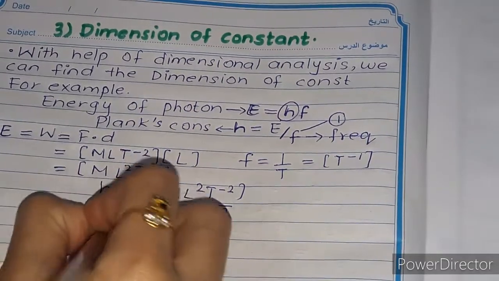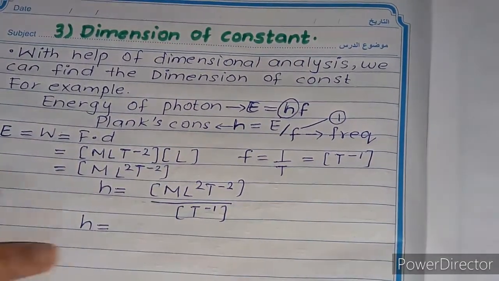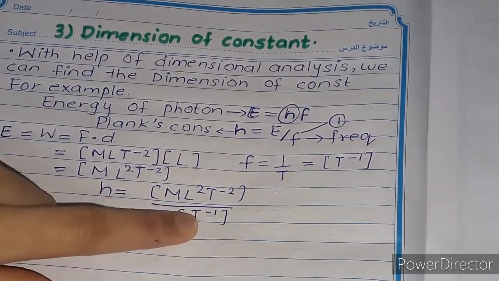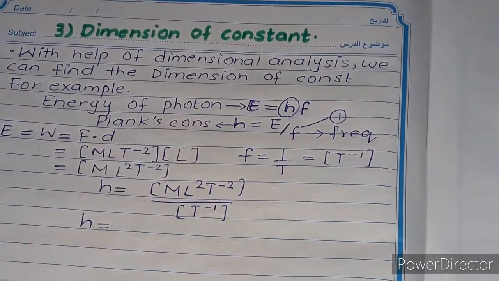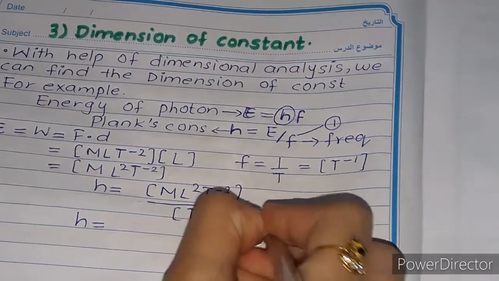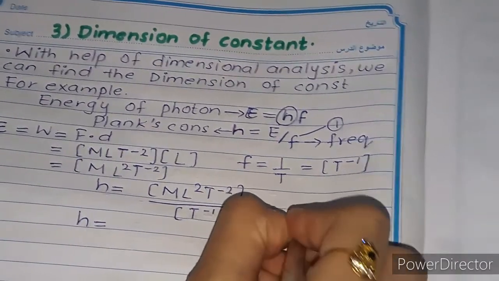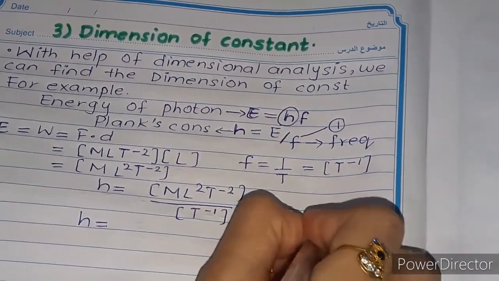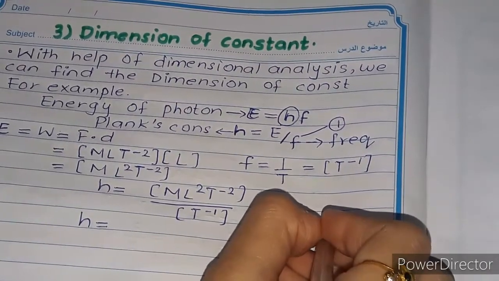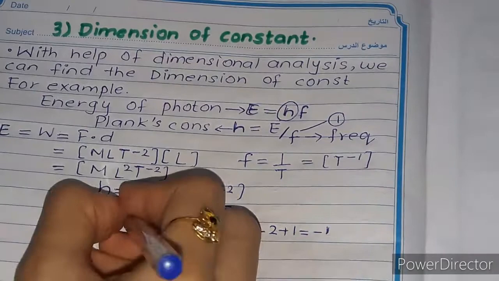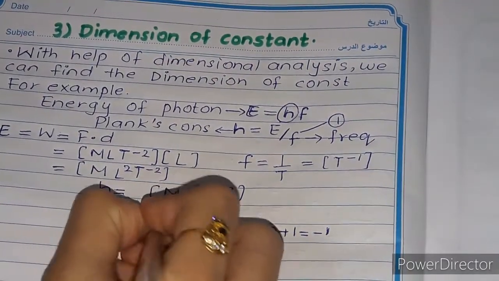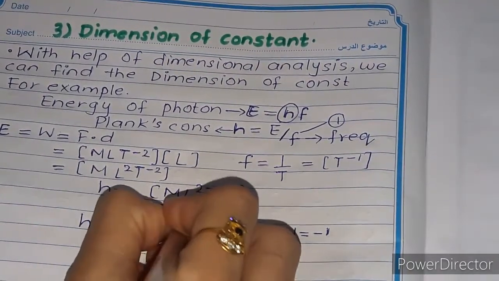So the T minus 1 goes up and becomes plus 1, and minus 2 plus 1 would be minus 1. So we get the dimension ML square T minus 1.